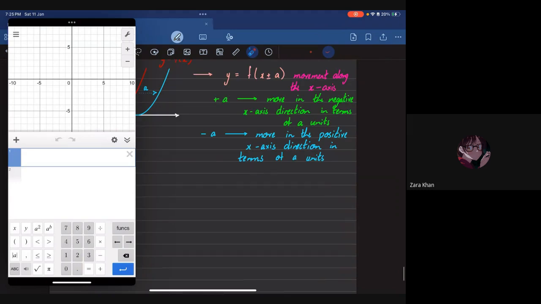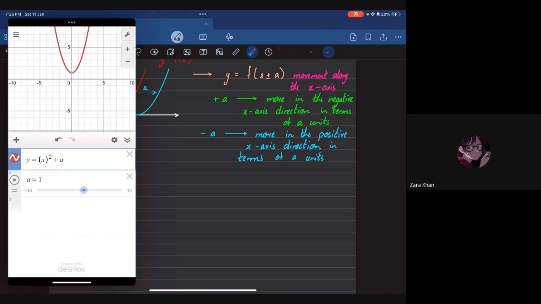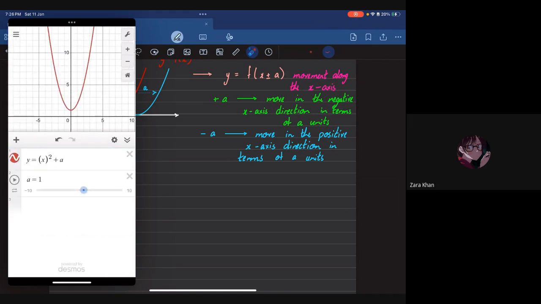I just really like using it. So y is equal to any quadratic equation I can form. So it can be x squared plus a, and I'll add a slider. Now this is just a perfectly simple quadratic equation, y is equal to x squared plus a.